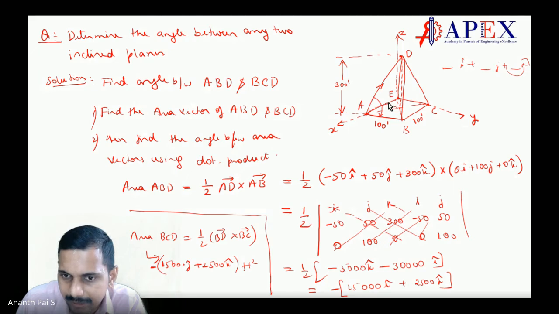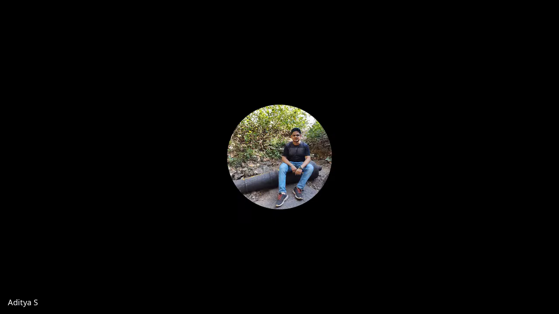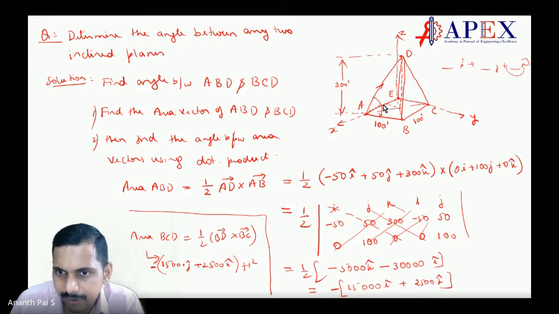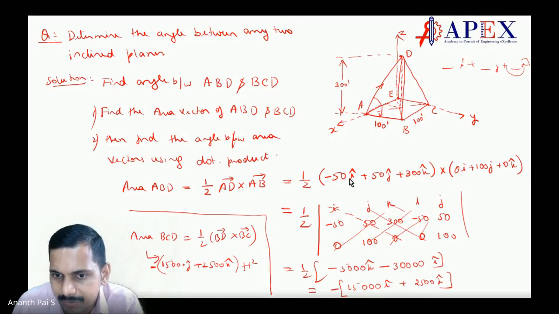So when you're going back, you're going from A in the negative X direction by 50. From A, when I said minus 50I, I have reached the middle point between A and E.